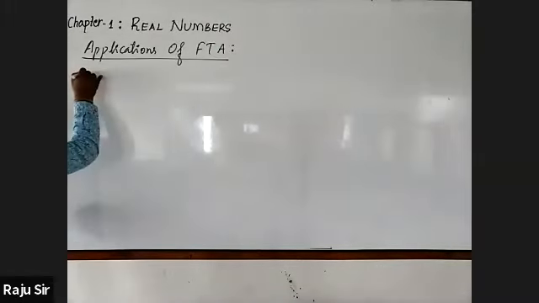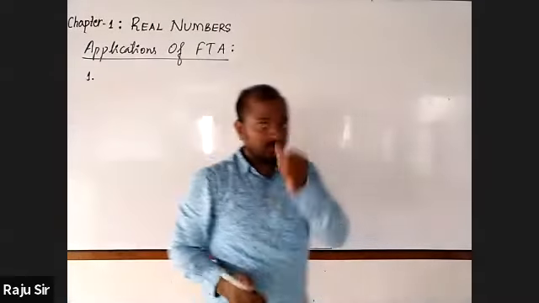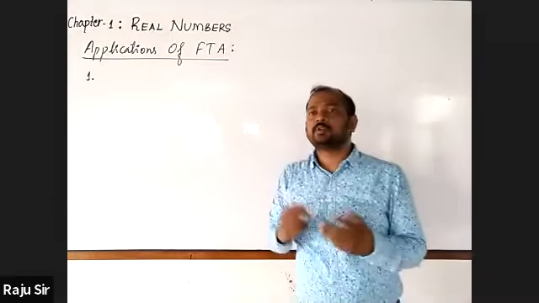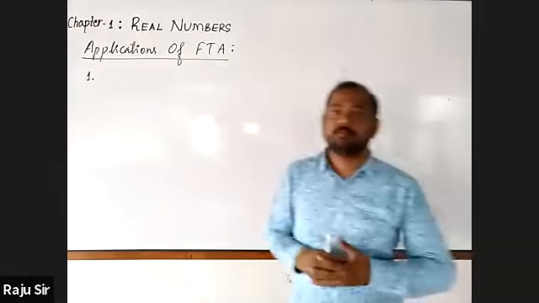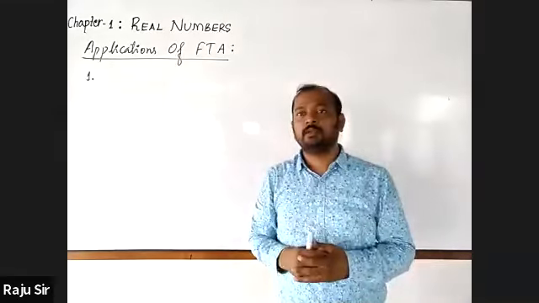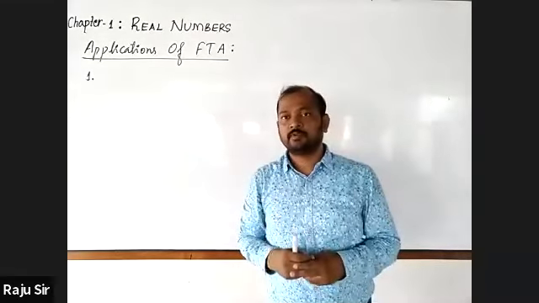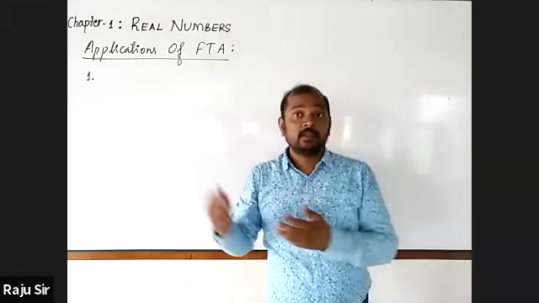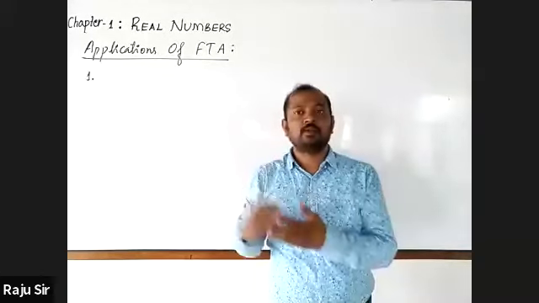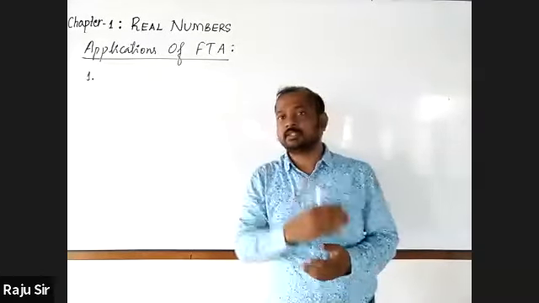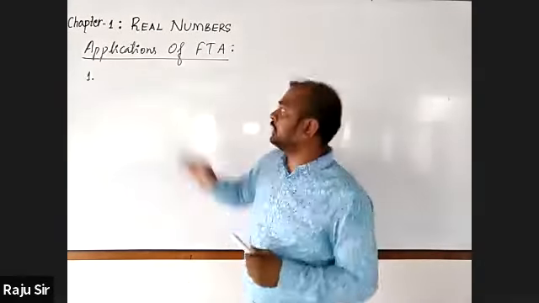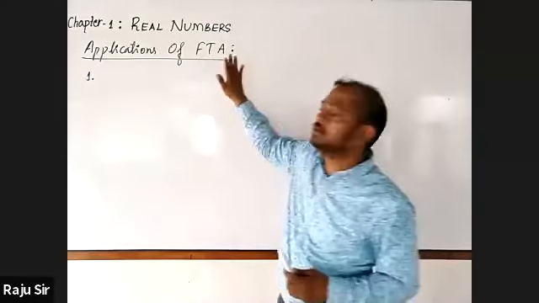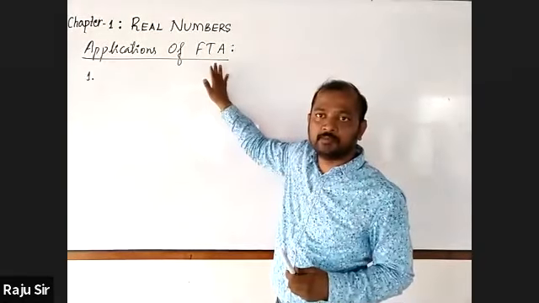The first one. You are very familiar with two important concepts. One is the highest number by which the given numbers can be divided, which is called HCF. And another one is the least common multiple, or lowest common multiple, nothing but LCM. So to find the HCF and LCM of the given numbers, we will use FTA.